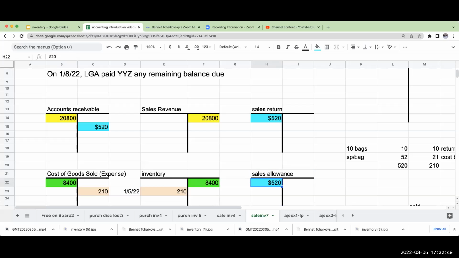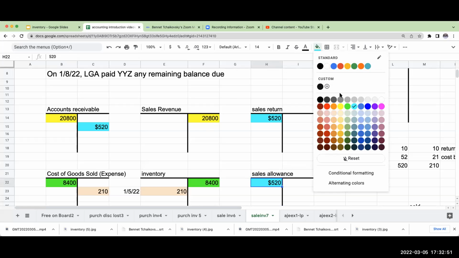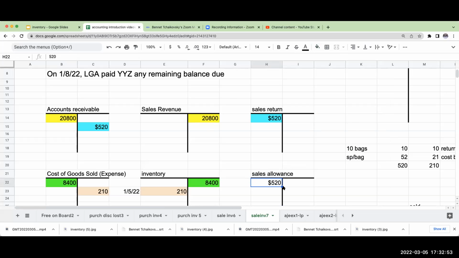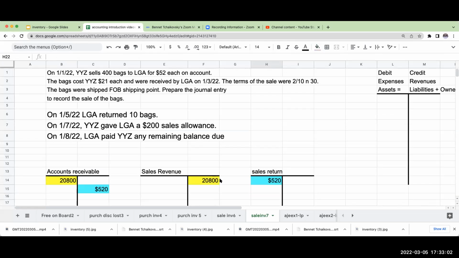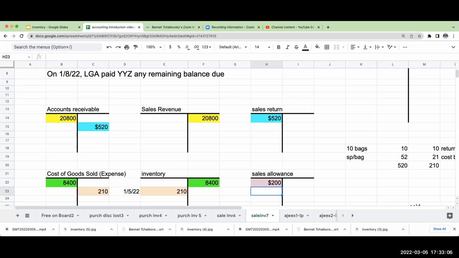It's kind of like the sales return, but in this case, I am not getting the inventory back. So how do I record it? I'm going to debit sales allowances for 200, and I'm going to credit accounts receivable for 200.